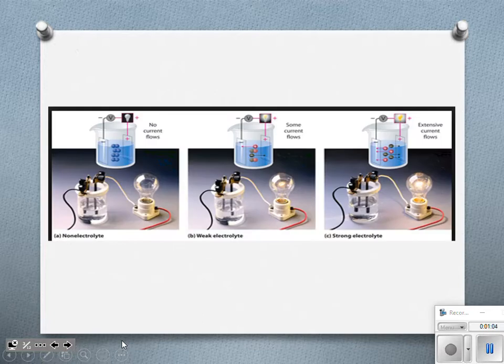So if you look right here, here are three different solutions. What we've done is there is some sort of a battery down here that you can't see, and we have the different leads coming through the battery, the positive and the negative.